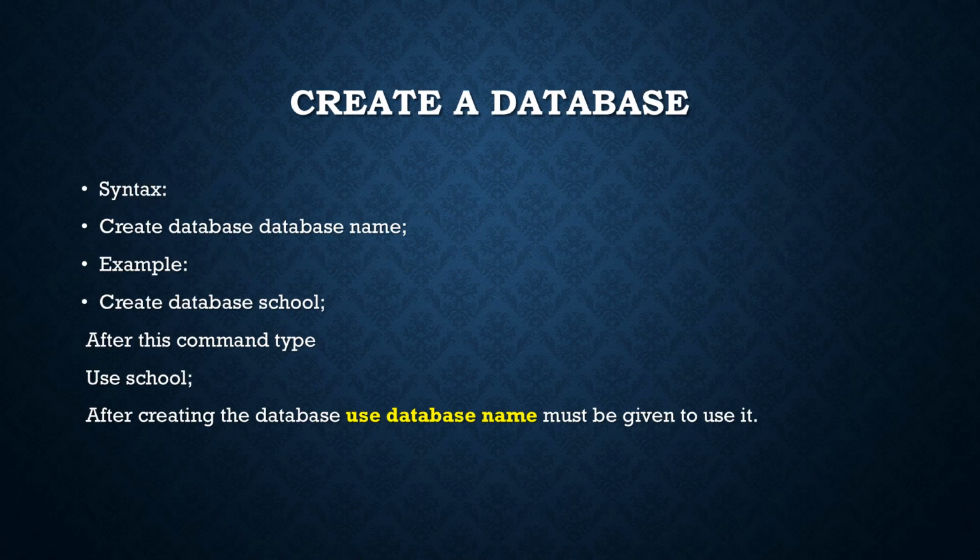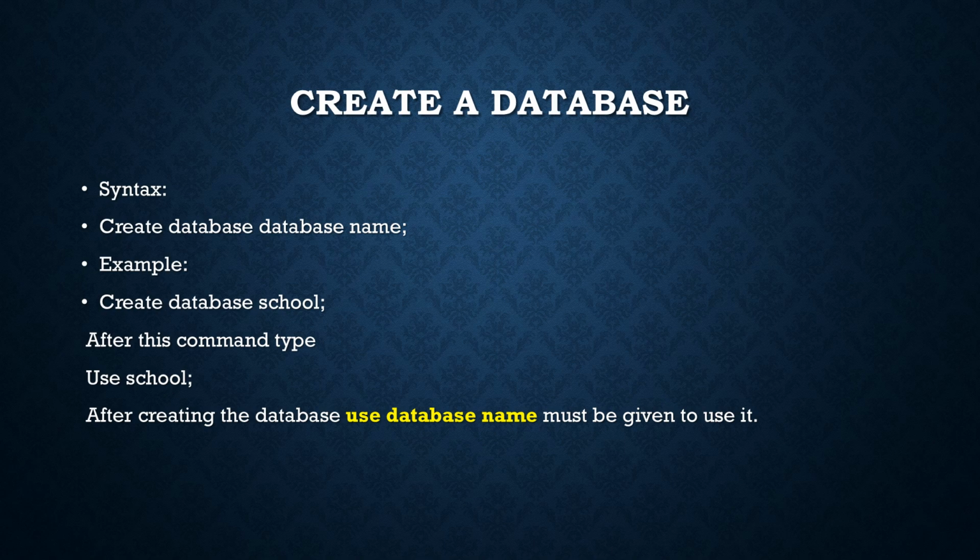Next, you can see some syntax and an example for this. Create a database. First, let us start with how to create the database. The syntax, after entering into SQL, you type like this: create space database name.